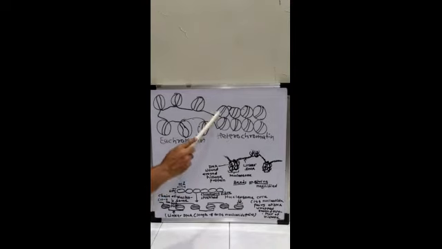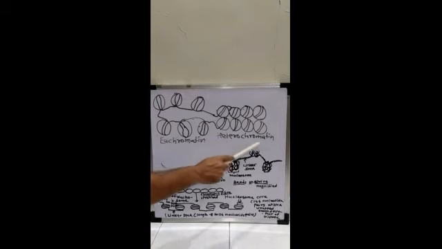So that region which is the condensed region is known as heterochromatin. Remember. Genetically this type of region is inactive, and it generally stains strongly.